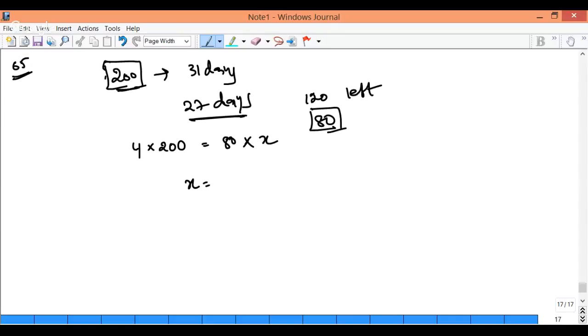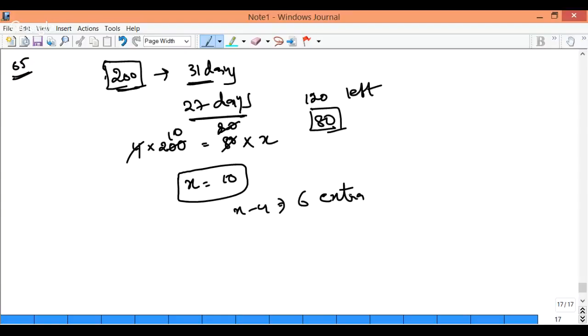He's asking the extra days. So the total days will be 10 days. Already we have 4 days remaining out of 31 days. So x minus 4, that is 6 extra days they can survive with that food.